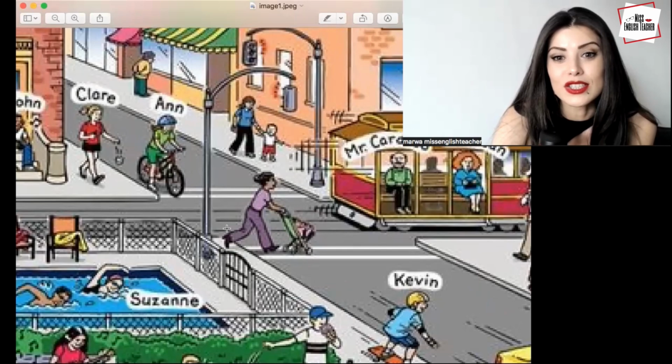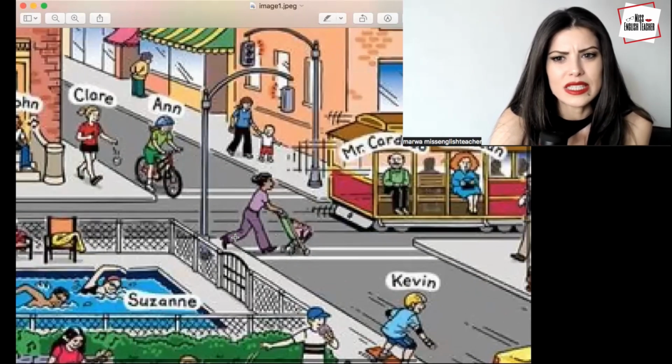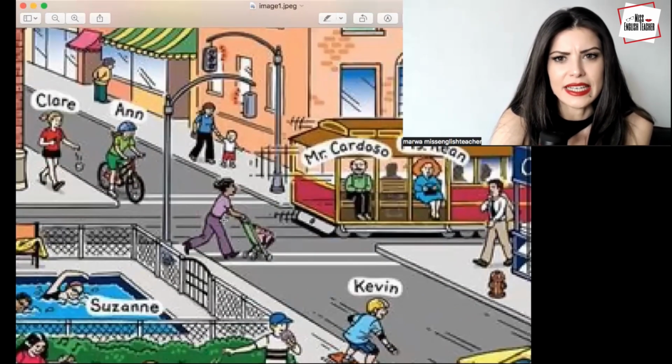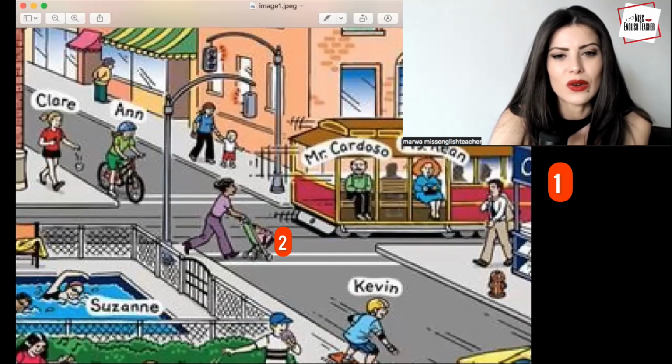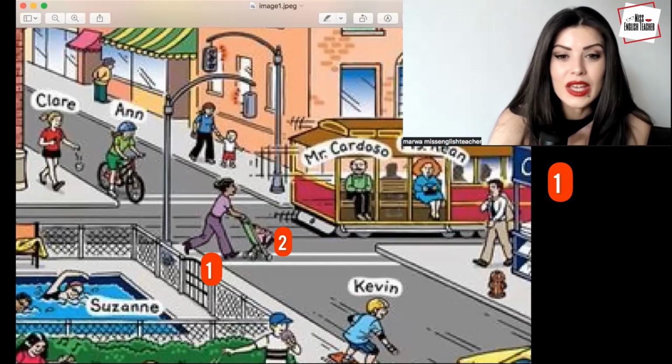Now, let's move on to the next lady. For some reason, she doesn't have a name. Okay. So what is she doing? And what is this? Super. Very good.